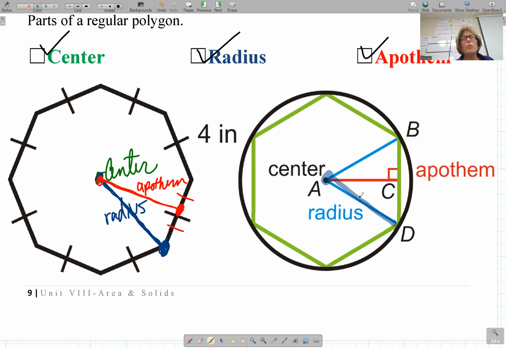Trace and say that three times. Center, corner, radius. Now trace center, midpoint, apothem. Center, midpoint, apothem.